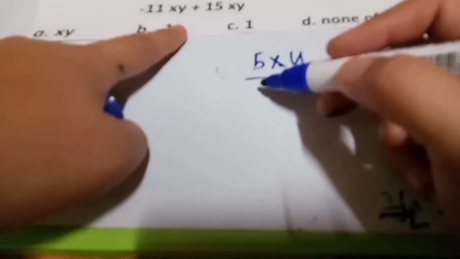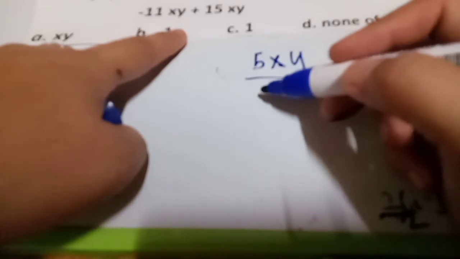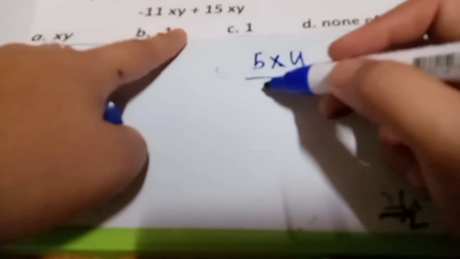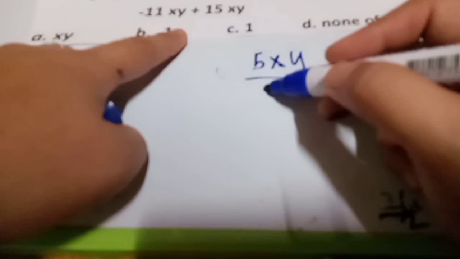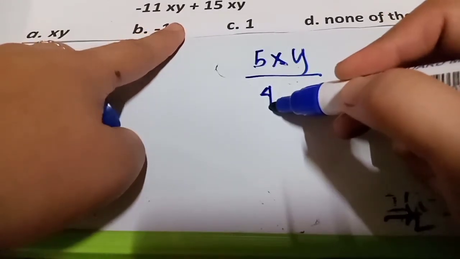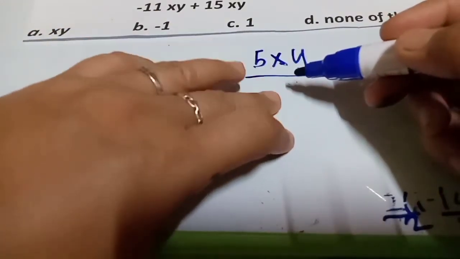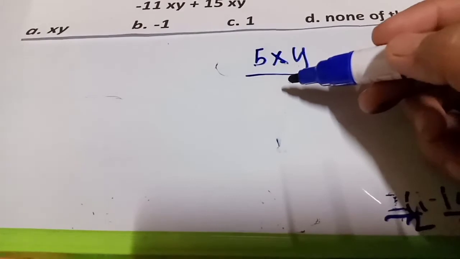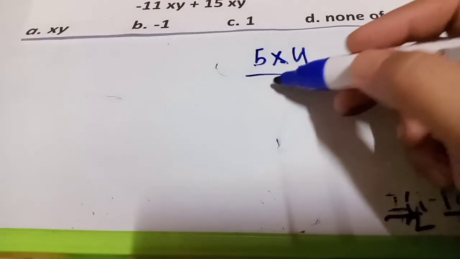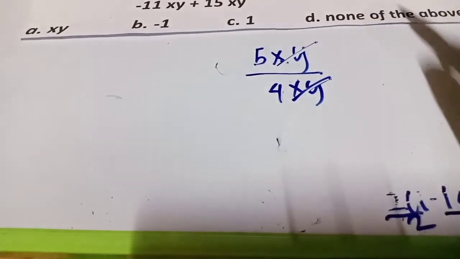So 5xy plus negative 11xy plus 15xy will become 4. Am I correct? Or sorry, 15 minus 11 will become 4xy, and we cancel this one.